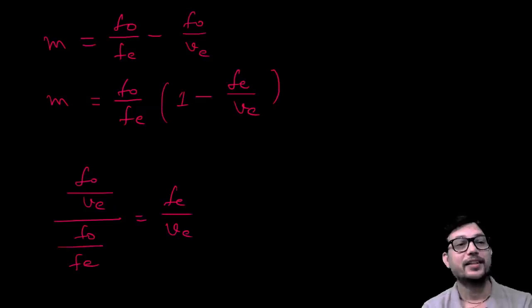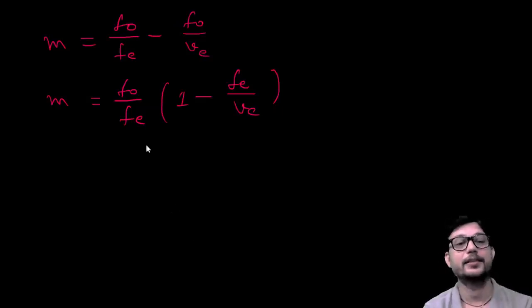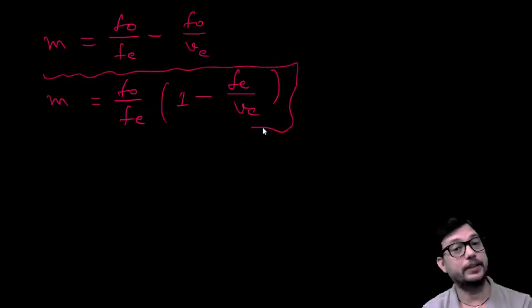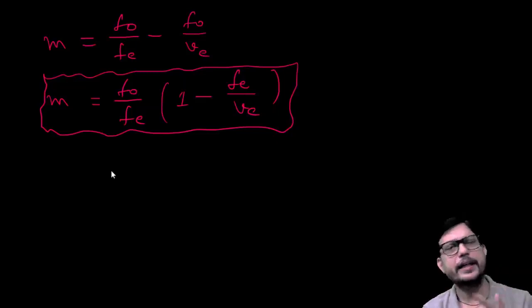Basically this is your final formula, but one thing you have to remember: as I have told you, the final image that we get will be at the distance of distinct vision for the normal eye.